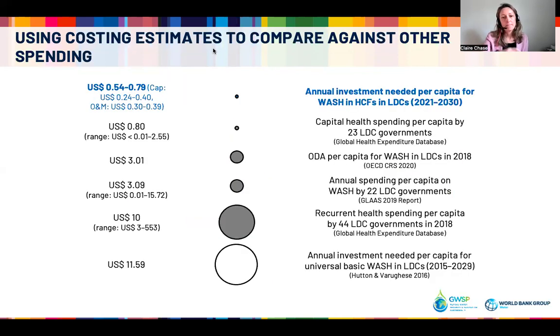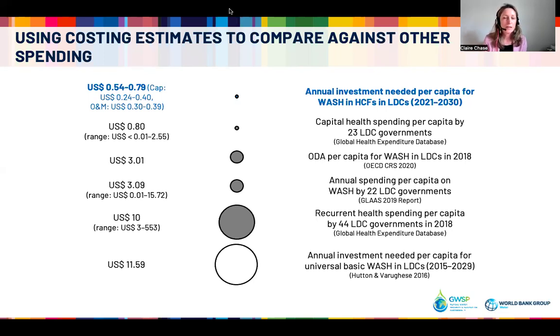Next slide. And then I think that it was very intentional that this work presents the cost estimates in terms of the cost per capita. And that allows us, as you see from this slide, to compare across other expenditures or spending and how this relates to those other expenditures.